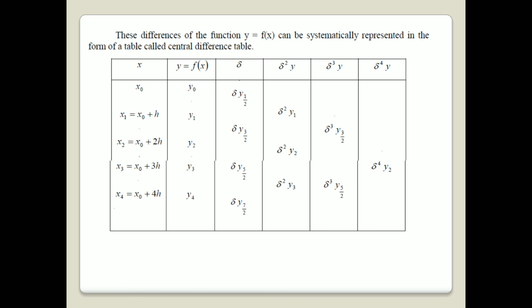Here we have to take the difference between y1 minus y0 denoted by delta y 1 by 2, y2 minus y1 denoted by delta y 3 by 2, then y3 minus y2 denoted by delta y 5 by 2, and lastly y4 minus y3 denoted by delta y 7 by 2. Similarly, take the differences between each two consecutive terms, that is next term minus previous term. We can easily prepare this central difference table.